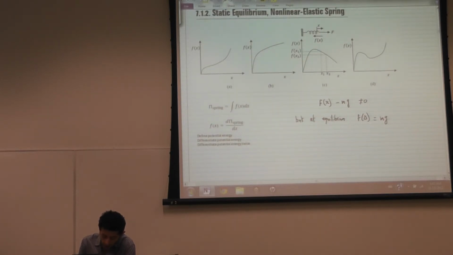Now I'm going to define the energy of the spring as the integral of this function. I'm going to define the potential energy of the system as the integral of f of x dx minus mgx, which is equal to pi spring minus mgx.